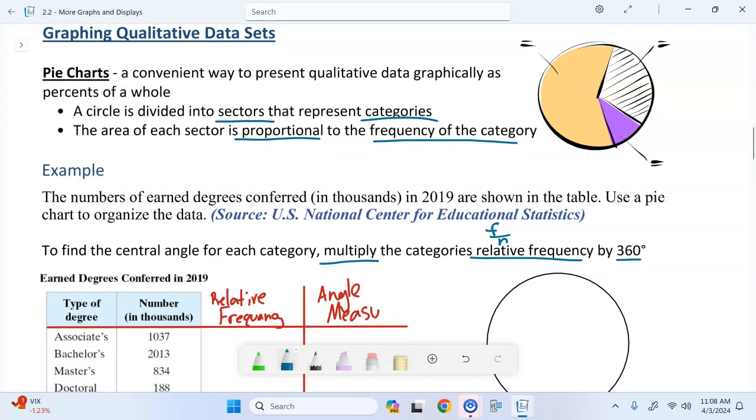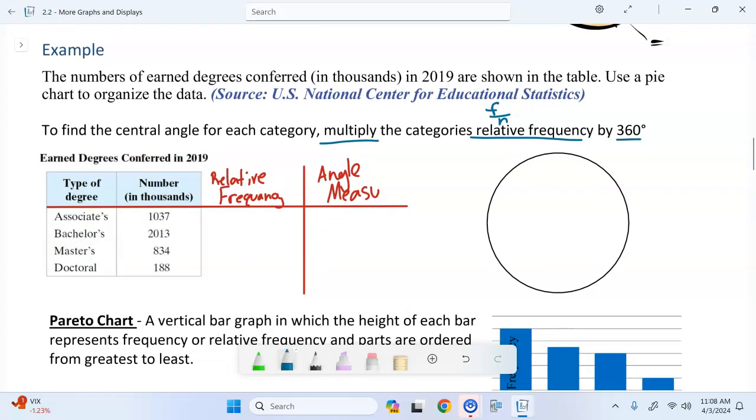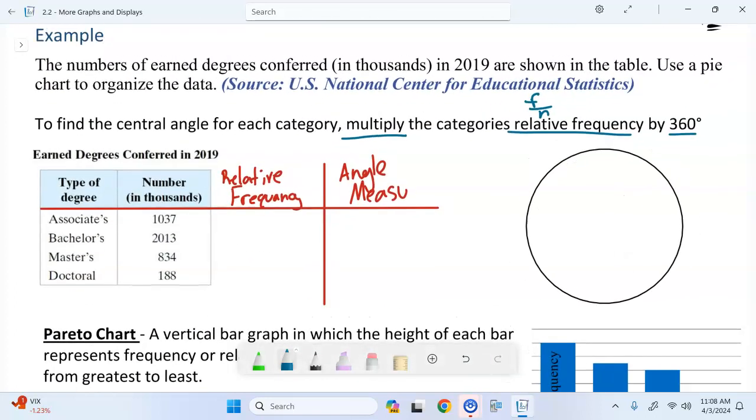All right. So we'll start with our associate degree. All right. We need our sample size. How do I get my sample size from that table? But we just need to do the first part.